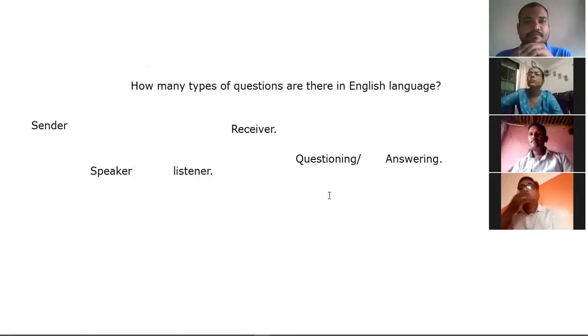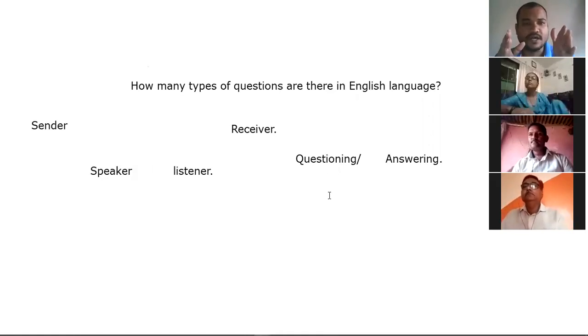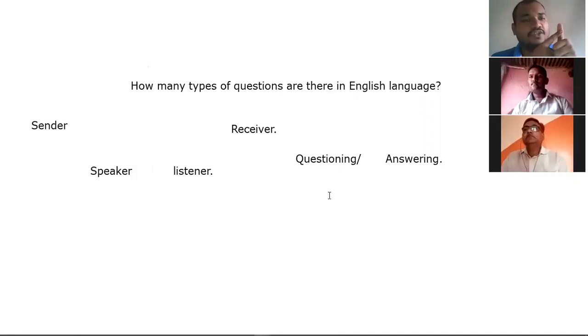So if someone is talking to us, most probably they may ask you some questions or they may give you some information. If it is questioning, it is nothing but questions. If they are giving some information, they are answering.